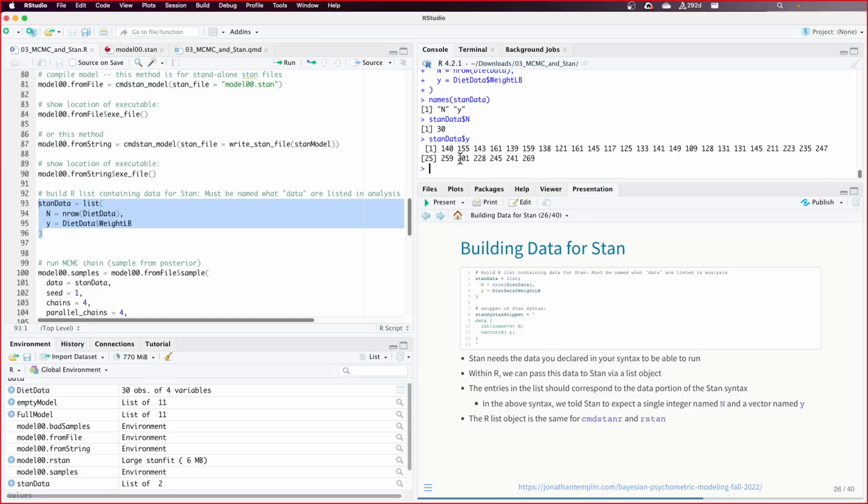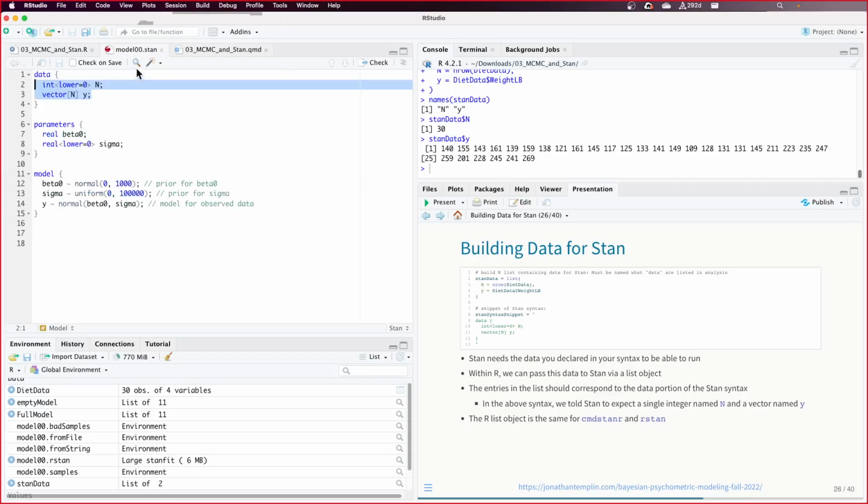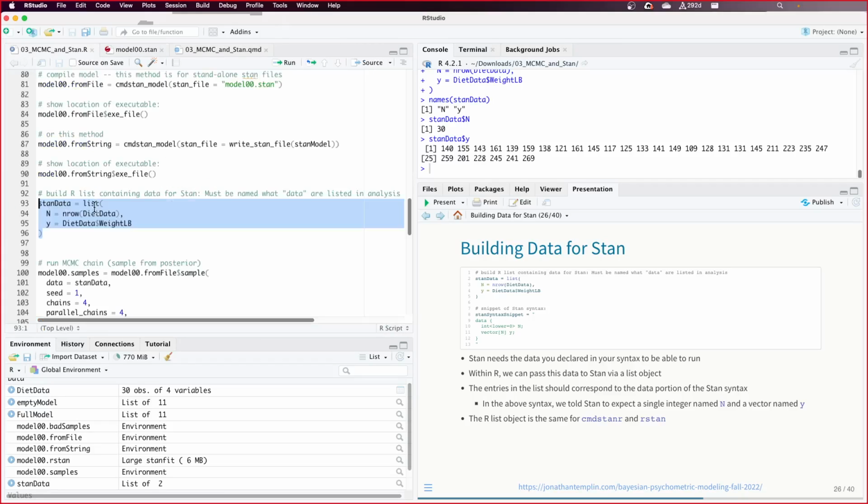So what cmdstanr wants you to do is to take every name of the data that you've specified in your data step, and name it that as part of the list of data that goes into Stan. Right?